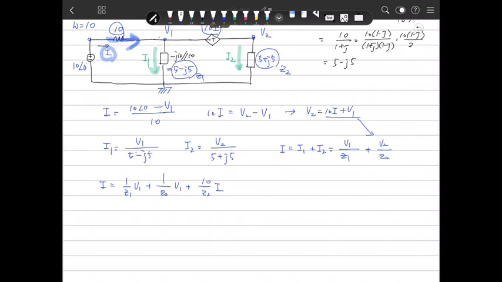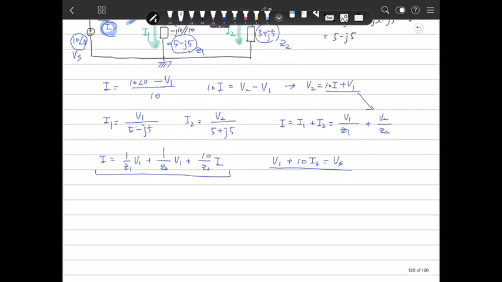And we can define this as Vs, then V1 plus 10I, that variable is here, is Vs. So we summarize this to be more simple, then we make a matrix here.